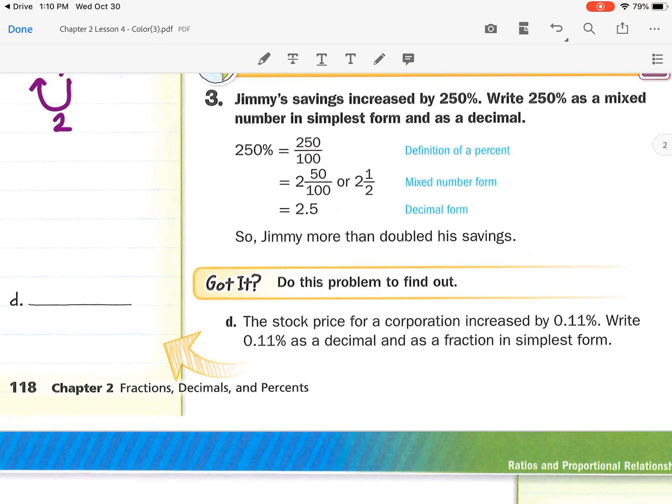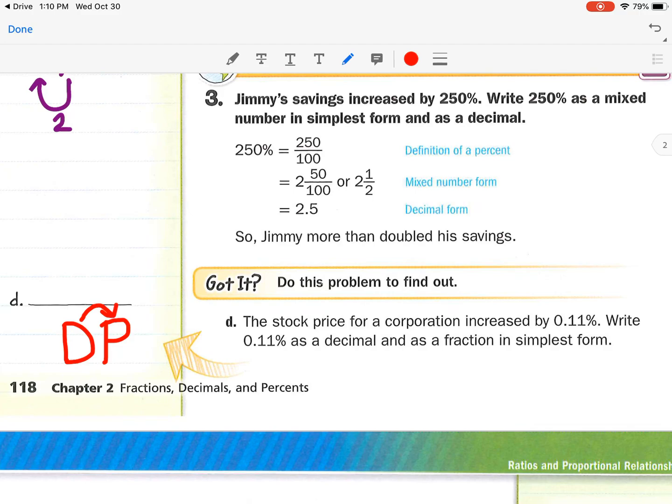So again, let's make a little note. DP, Dr. Pepper, but decimal percent. If I go from a decimal to a percent, I move 2 to the right. If I go from a percent to a decimal, 2 to the left. All right, so I have a percent, and I'm going to a decimal, which means I'm going to be moving this 2 places to the left. 1, 2.